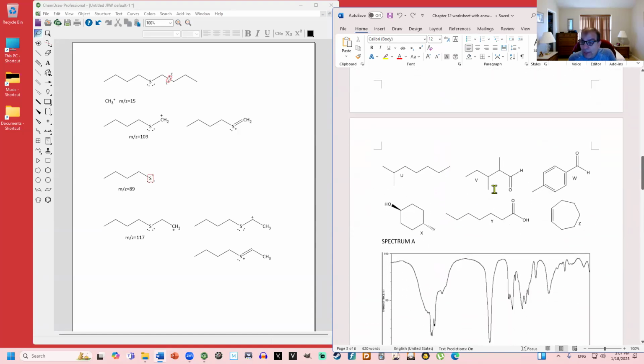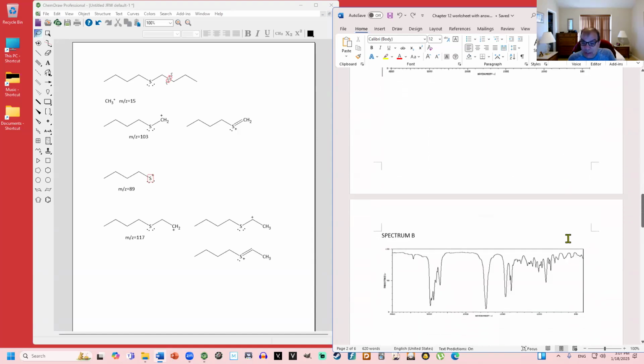So of the 2 compounds between V and W, spectrum B must be compound V. It must be this one, the one without the aromatic ring. So we've accounted for X, we've accounted for Y, we've accounted for V. The remaining one looks like either an alkane or an alkene or the other aldehyde.